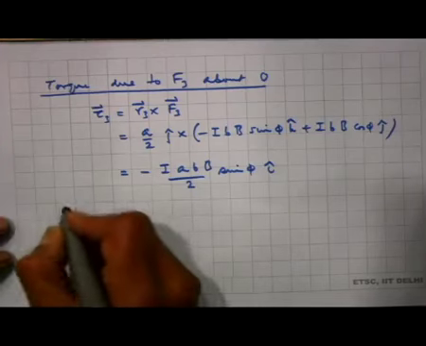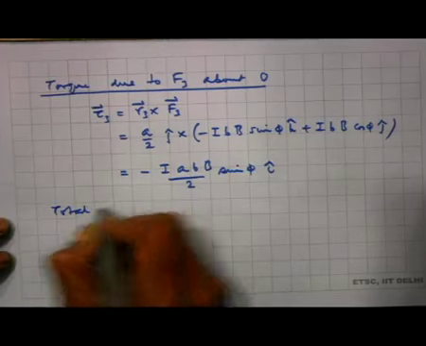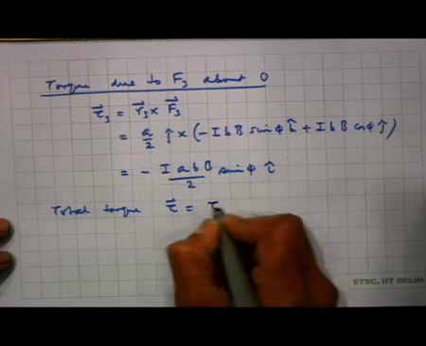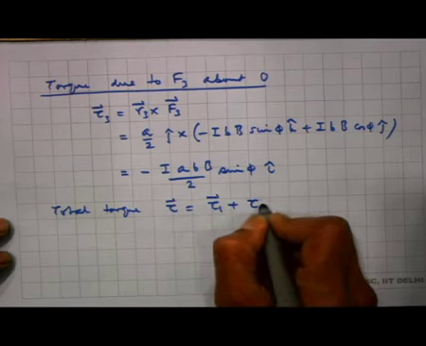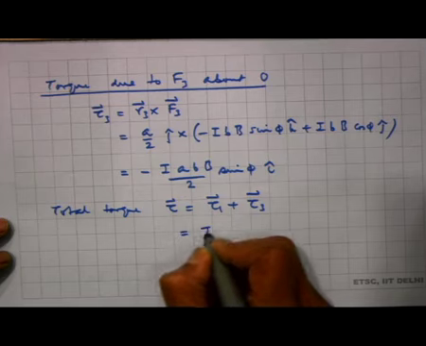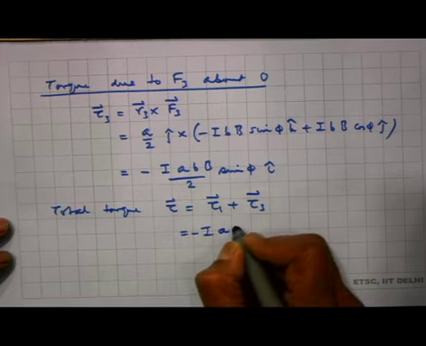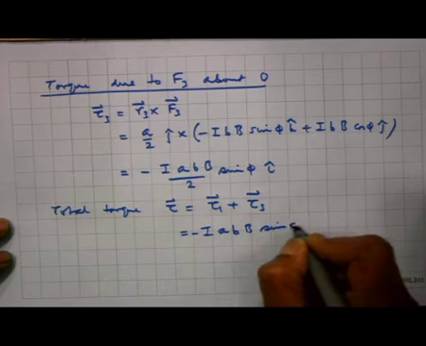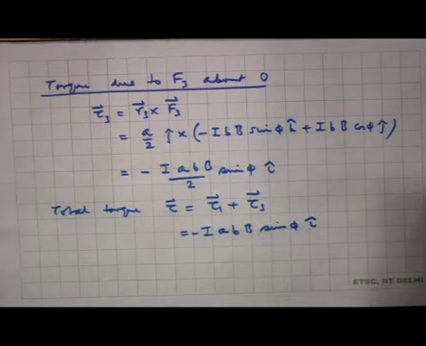So, the total torque, tau 1 plus tau 3, is nothing but minus I a b B sin phi i cap.